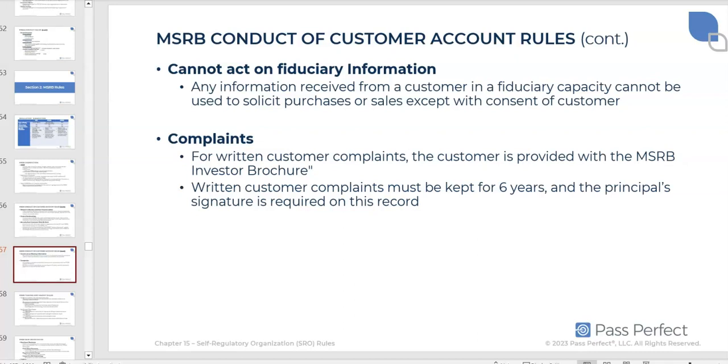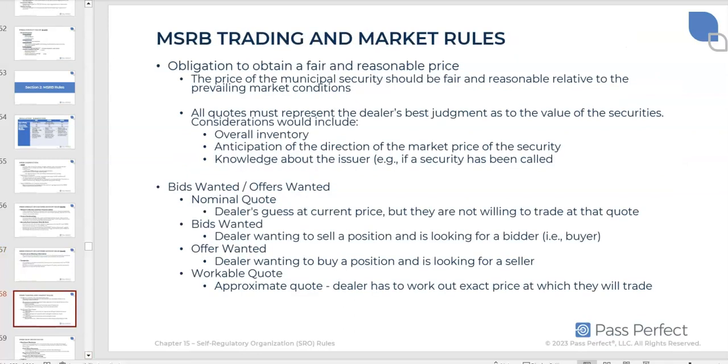The customer also must receive the investor brochure, and a written complaint must be kept on file for 6 years. With FINRA rules, they say 4 years, but the MSRB, if it's about a municipal bond transaction, says it has to be kept on file for 6 years. And the principal, the supervisor, must sign off on it as well.